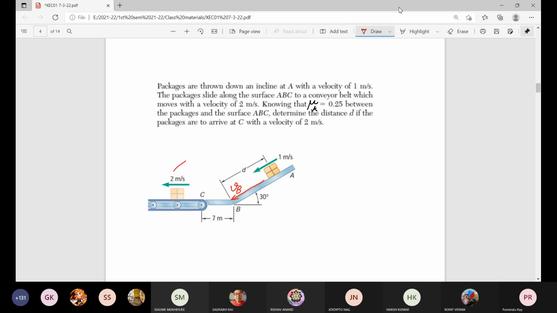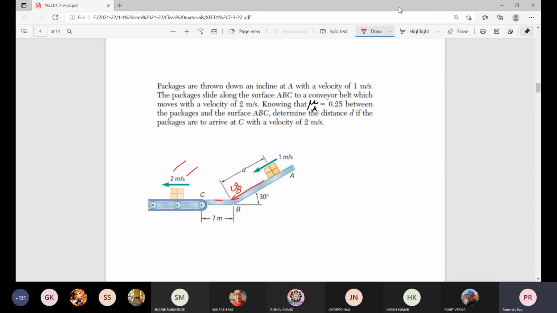Then friction is acting on this horizontal floor also for a distance of 7 meter. So it is expected that this velocity Vb will be more than 2 meter per second, and this horizontal part is there to resist or to restrict the velocity at 2 meter per second.